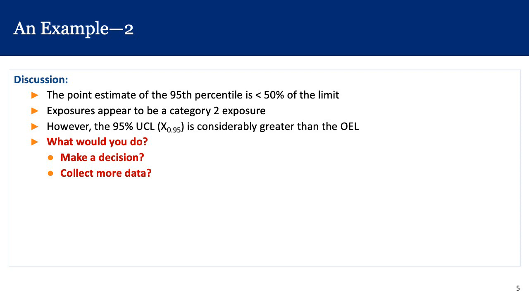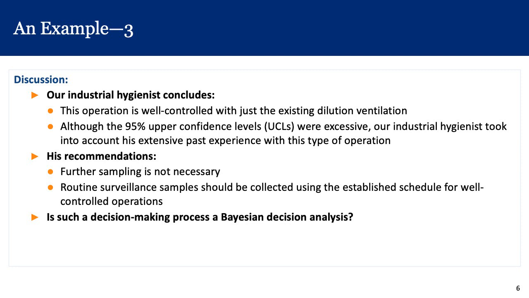So the point estimate is less than 50% of the limit, so exposures appear to be category 2, but the 95% UCL is considerably greater than the OEL. So what would the hygienist do? Make a decision or collect more data? And if our hygienist was very experienced, he or she would conclude that this operation is well controlled with just the existing dilution ventilation.